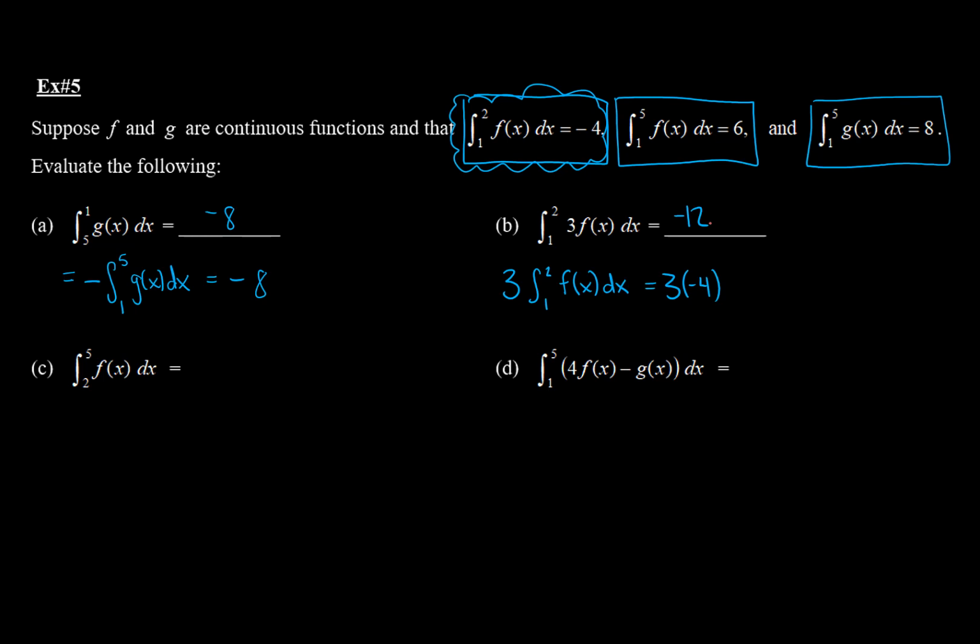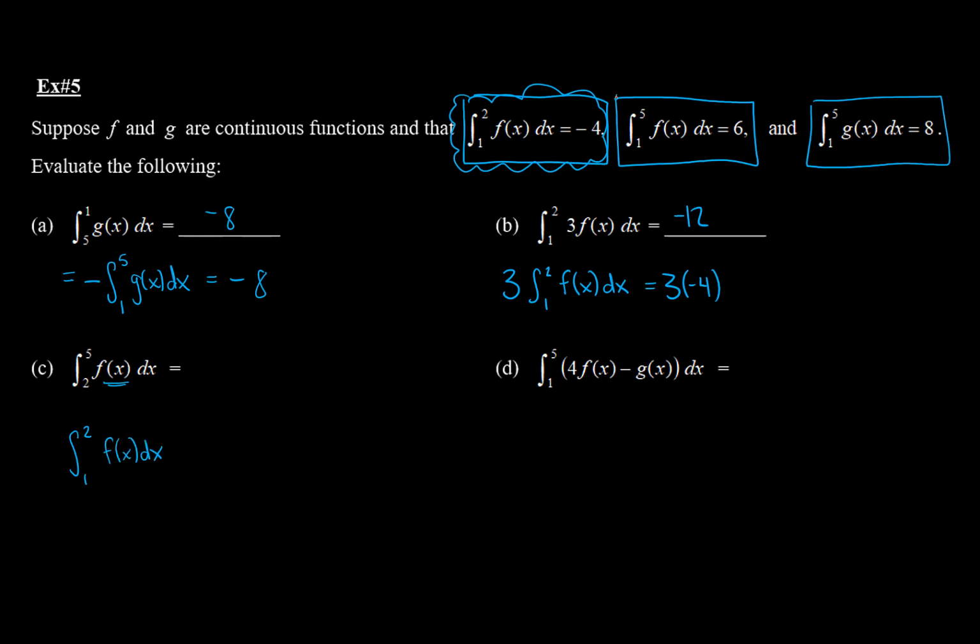All right, next. For f of x, as it goes from 2 to 5, the integral with respect to x, let's take a look. So I want to know 2 to 5. Do I have any information that gives me 2 to 5? All right, well, no, I don't. But let's see what I have for f of x. So I do have from 1 to 2 of f of x.